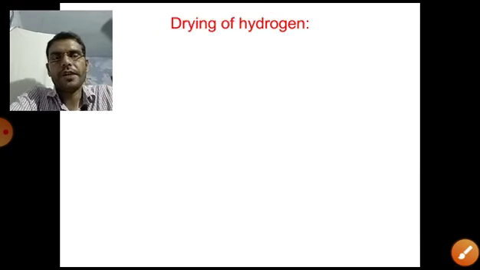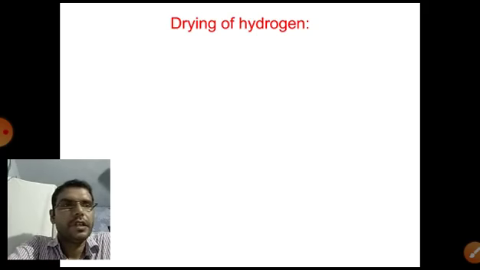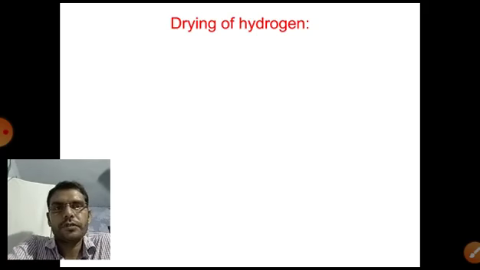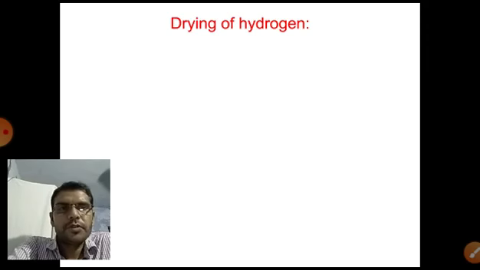Now, drying of gases. When hydrogen gas is obtained through this process in the laboratory, the hydrogen gas contains water vapor and also many impurities, but water vapor can be removed by drying the hydrogen gas.